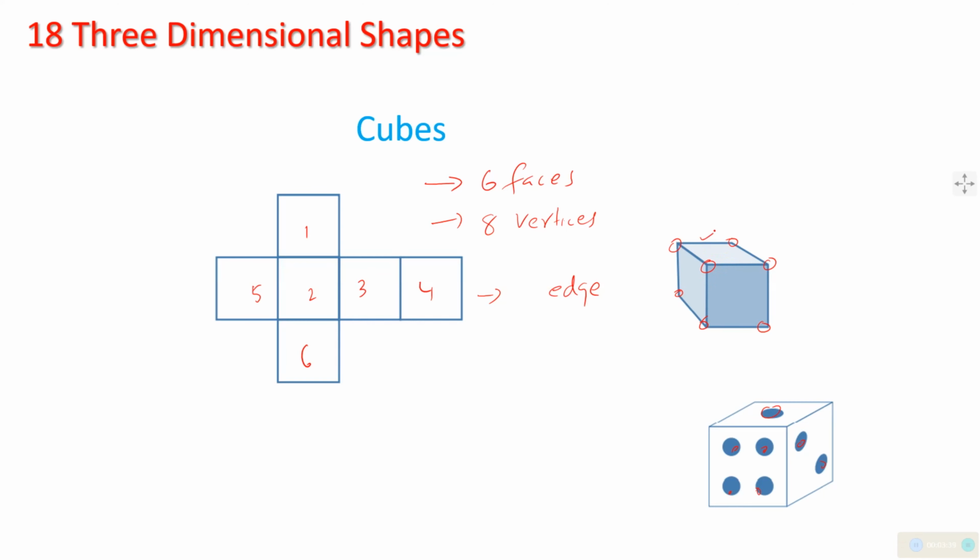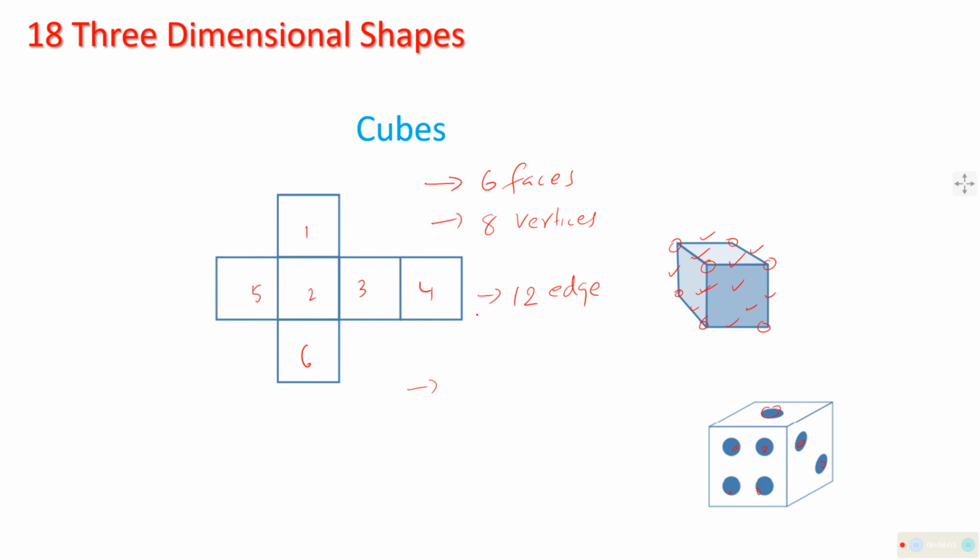So if you count, top 1, 2, 3, 4, and the same way bottom 5, 6, 7, 8, of which 2 are invisible. Then there are vertical edges 1, 2, 3 and 4. So there are 12.